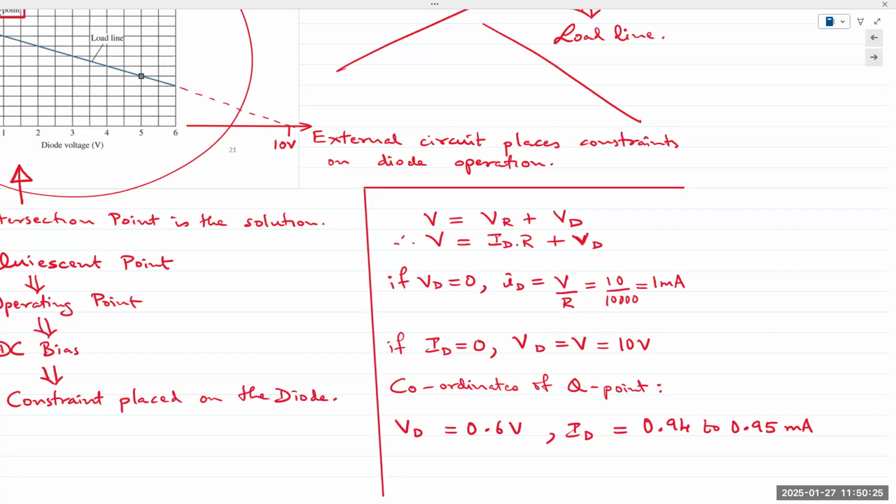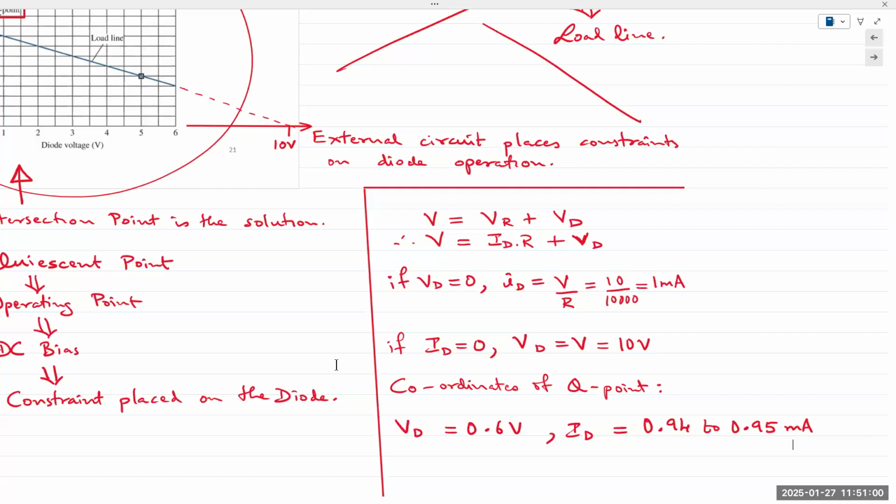The intersection point would mean the value of x is equal to 0 at some point, and the value of y for the other coordinate is 0 at some other point. Meaning at some point, where there's a line of infinite length, that line is going to intersect the x and y axis. If it intersects the x-axis, y is equal to 0, meaning current is equal to 0. If it intersects the y-axis, x is equal to 0. So we plot VD and ID equal to 0, and we obtain the other quantity.